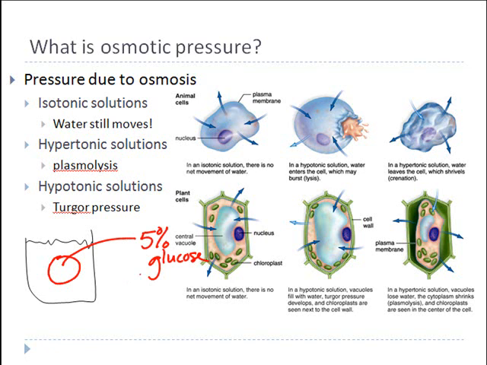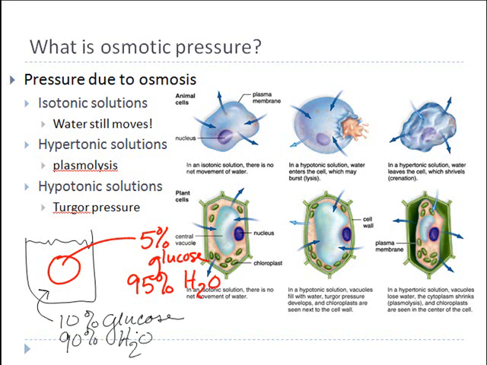In this case, the solute is glucose, the solvent would be water. So if we have 5% glucose, that means the solution is 95% water. Now let's say the water that we put it in is 10% glucose. That means it's 90% water.